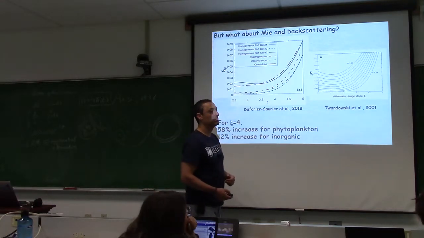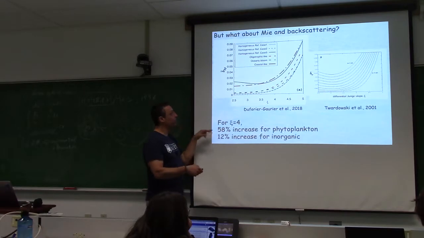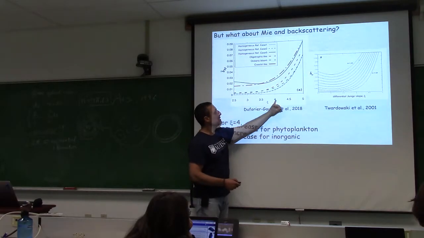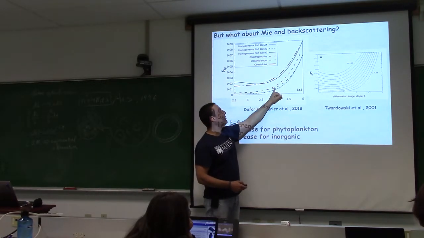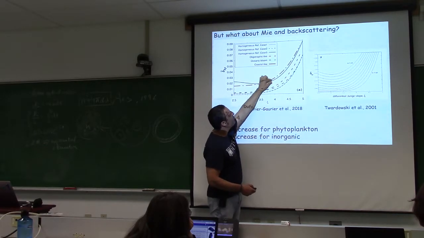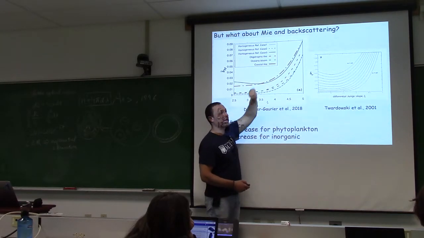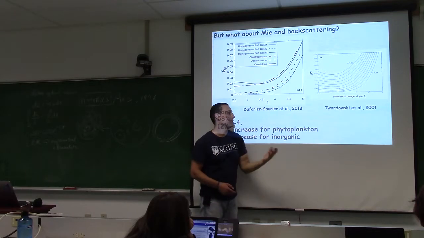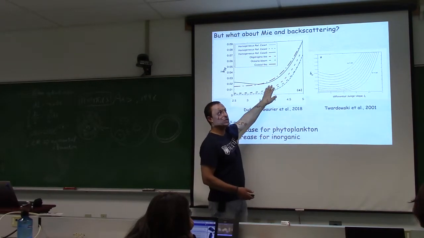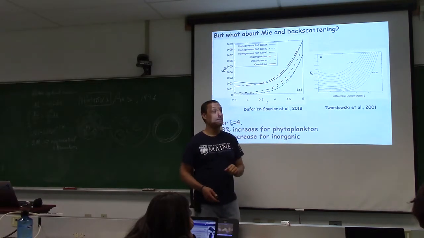For only phytoplankton? For the phytoplankton-like particle, the one they use for oligotrophic-like, for this size parameter, you're getting about a 58% increase. You still can very well differentiate it from inorganic dominated, which is the purpose of this exercise, to try and say, am I dealing with phytoplankton suspension or am I dealing with sediments?